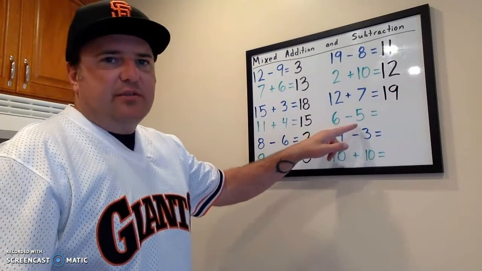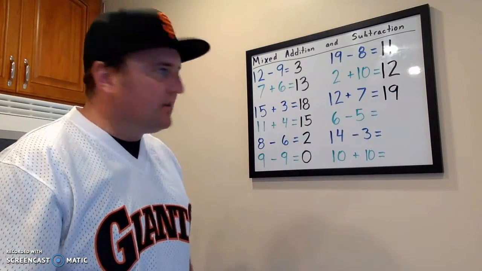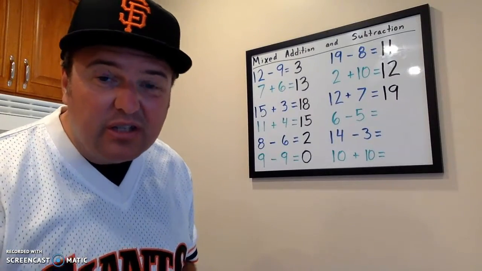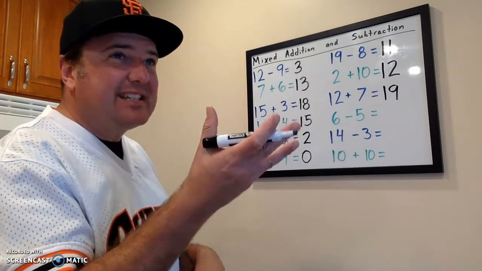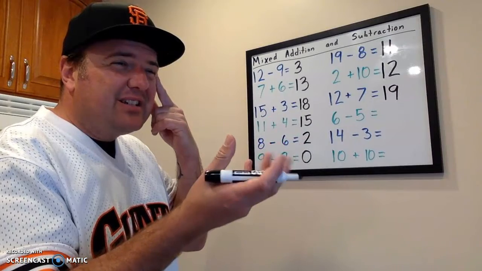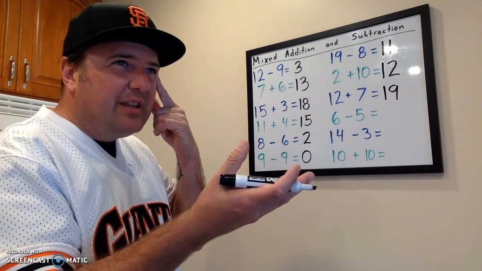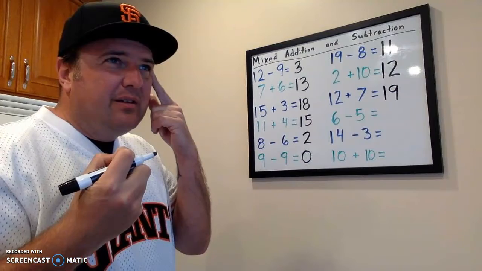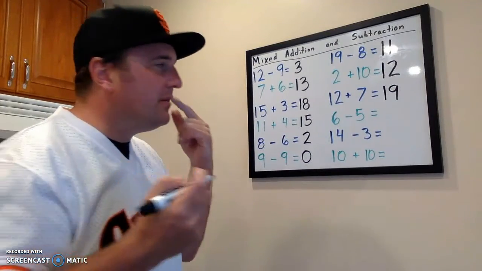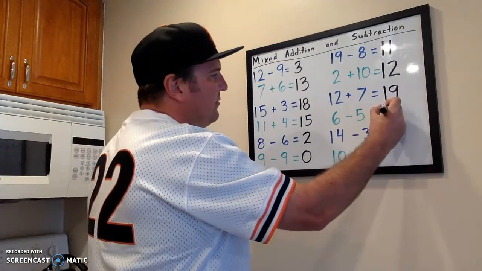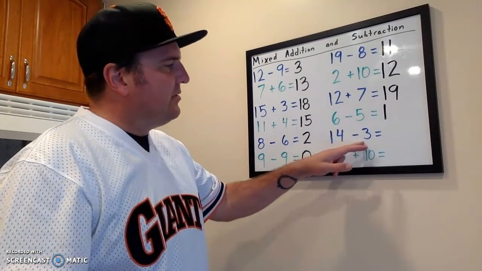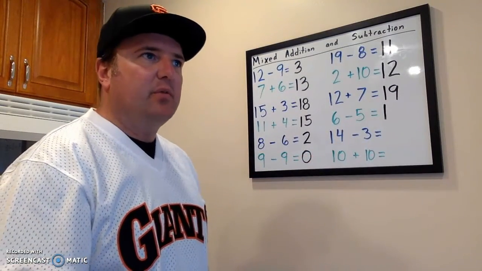6 subtract 5. Okay, now 6 and 5 are really close to each other. They're next door neighbors. So if I've got 6, you can imagine maybe 6 toys, and then I just take 5 of them away. What would that be? 1. 14 subtract 3. 14.